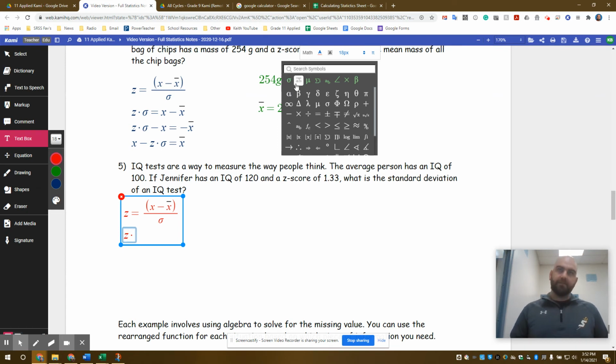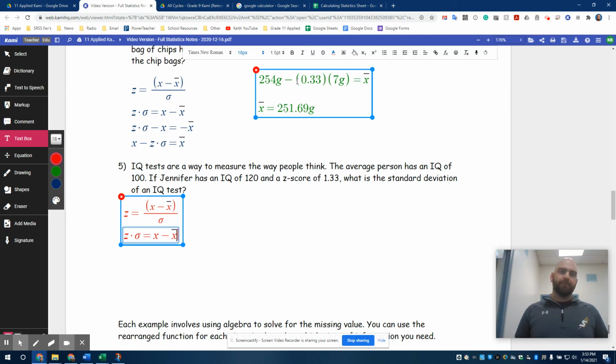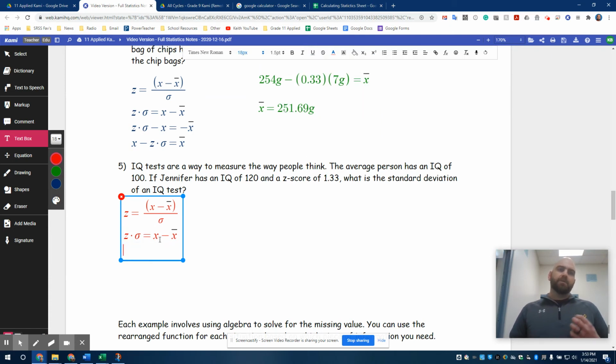So z times sigma is equal to x minus x bar. We don't need brackets in there. Now we've put sigma on the other side, and got it out of the denominator, which is important.